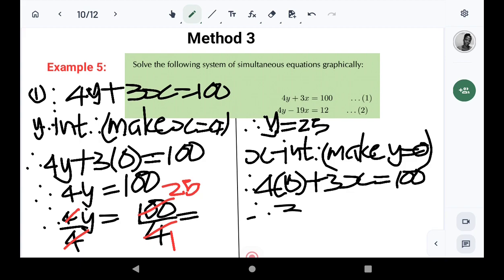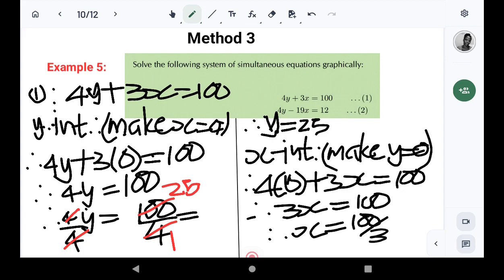Therefore, 3x equals 100. Therefore, x equals, divide both sides by 3, 100 over 3, which is approximately 33 and a third. So the y-intercept is 25, the x-intercept is 33 and a third.